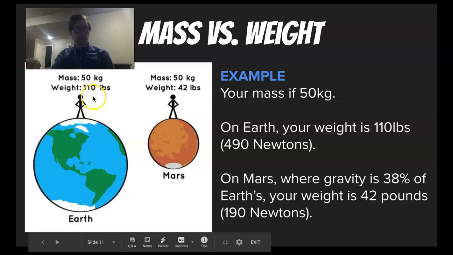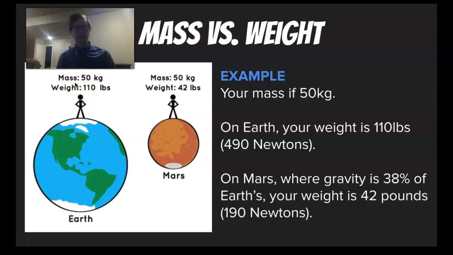And so here's the common example, right? So let's say your mass is 50 kilograms. On Earth, you would have a weight of 110 pounds, and that's what you're accustomed to, right? The force of gravity on your body results in a force of 110 pounds, and your legs are accustomed to pushing you around with that amount of mass, and our furniture is accustomed to holding that amount of mass, that amount of weight.